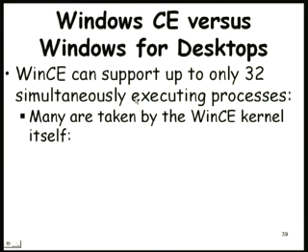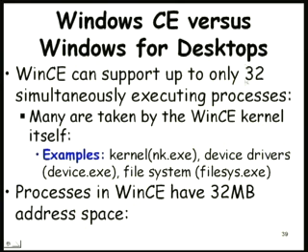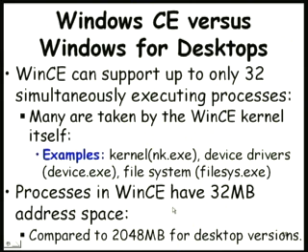And as I think we just mentioned, in Windows CE 5.0 and earlier, only 32 simultaneously executing processes were allowed, and this is too small a number of processes, especially for larger applications, considering that the kernel itself takes up many processes. The kernel itself, the device drivers, the file system etc., they all are counted as processes. So, this 32 gets reduced, and as we were saying, in 5.0 and before that the processes had a 32 MB address space limit compared to 2 GB for the desktop versions.